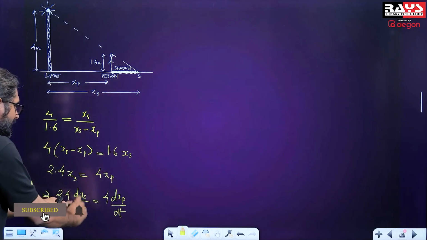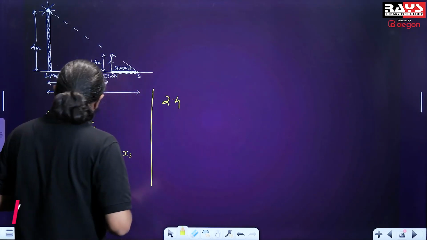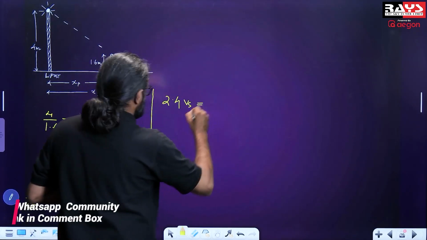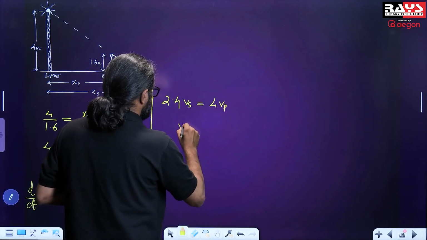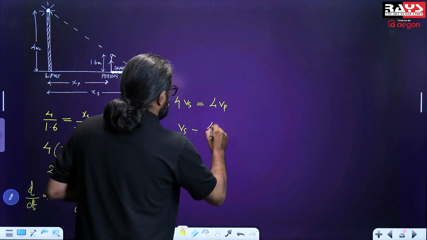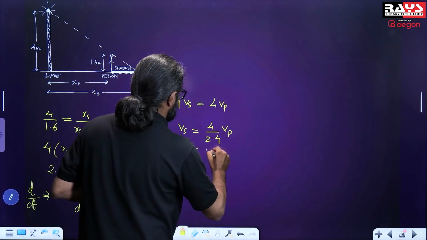So basically this is vs and vp. So we have 2.4 vs is equal to 4 vp, which actually means vs is equal to 4 by 2.4 vp. We'll be using this very soon.